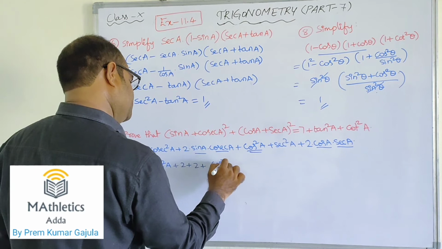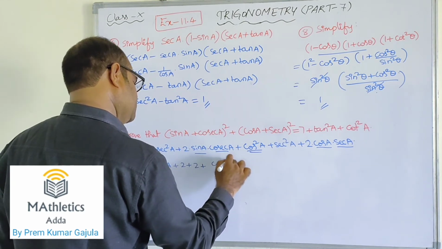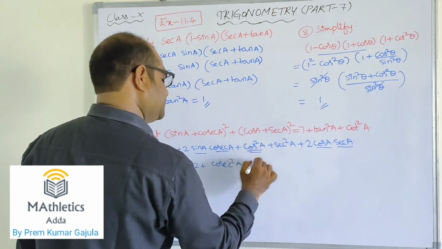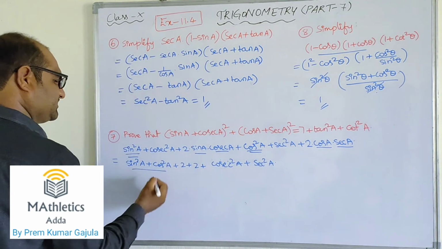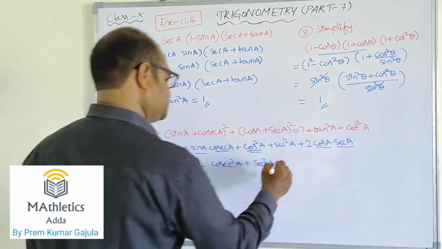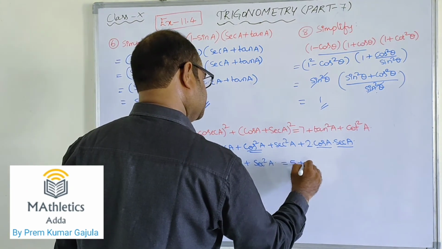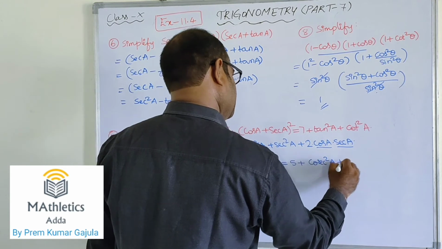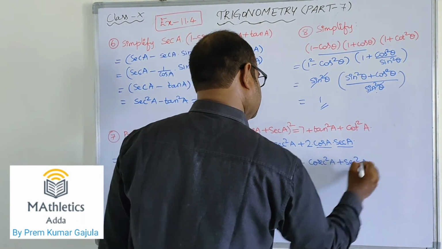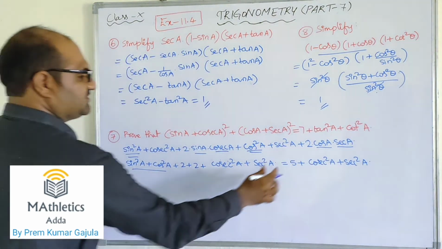Cosecant square A plus secant square A is left. So now sin square plus cos square is 1 and these already 2 are there, so write 5 plus cosecant square A plus secant square A.